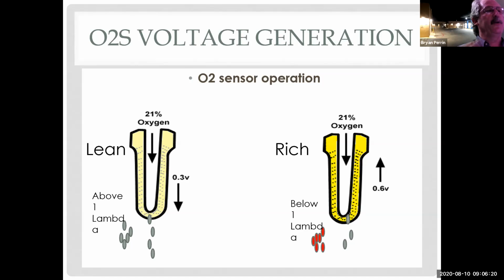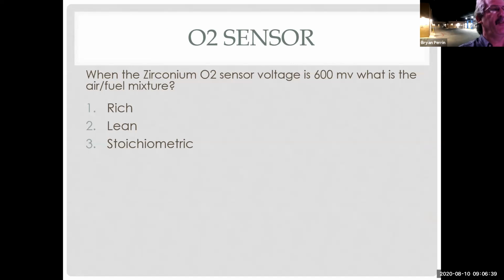So it gets kind of confusing because we have a lot of different pieces of the puzzle. We have an air fuel ratio, we have lambda. Now we've just thrown in O2 sensor voltage. So a lot of different scales we use for rich and lean. So you're right. The answer here is rich.